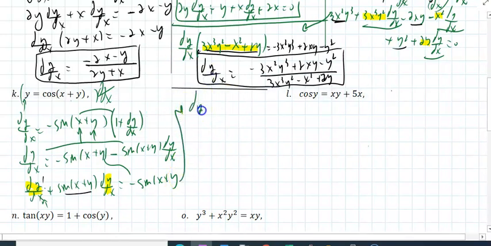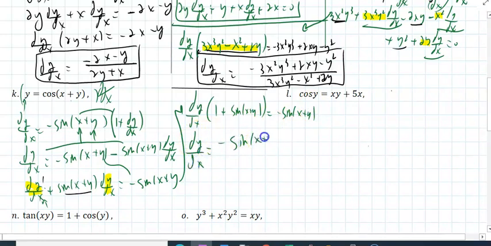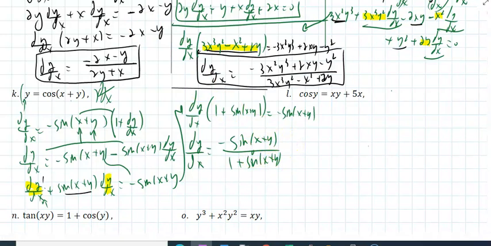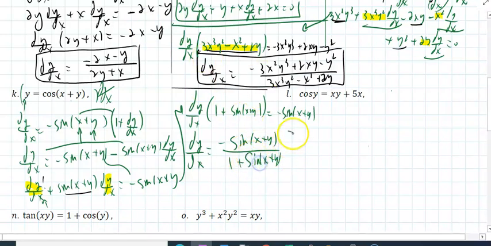So if I factor dy/dx out, I'll have 1 plus sine of x plus y equaling negative sine of x plus y. And if I divide by the parentheses, I'll get negative the sine of x plus y divided by 1 plus the sine of x plus y. There it is.